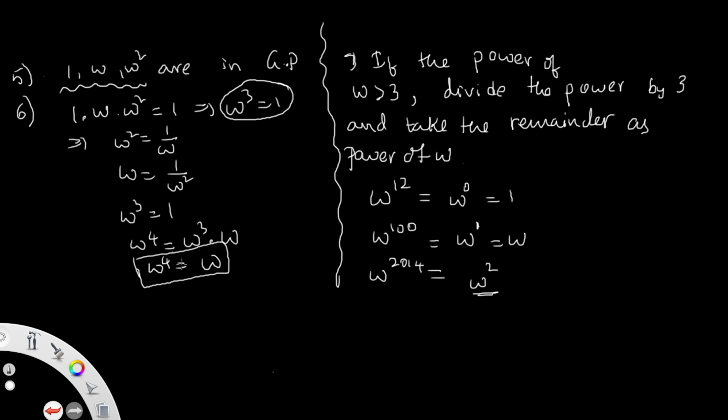So next, go to the seventh property. That is, the equation x square plus x plus 1 equal to 0, whereas z square plus z plus 1 equal to 0.